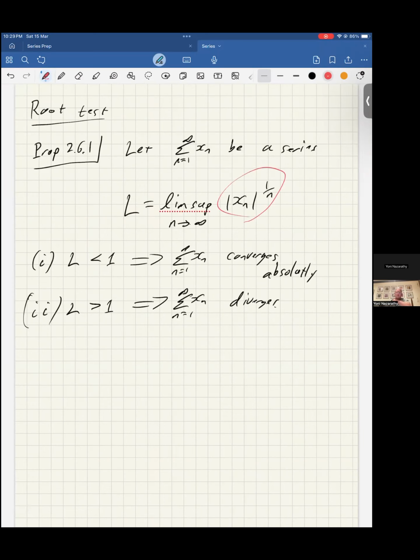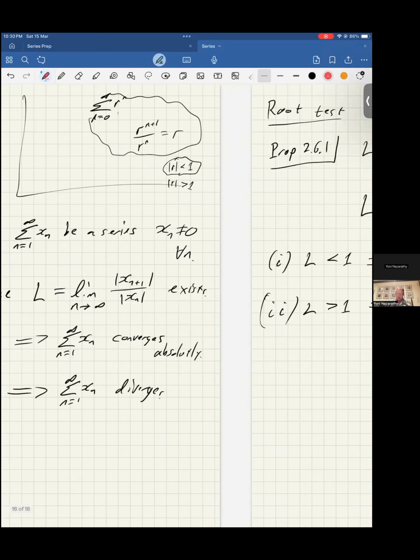The root test looks at the nth root of the absolute value of that term, and specifically the lim sup of that. Again, if the limit exists, the limit is enough. If this thing is less than 1, you've shown convergence. If it's greater than 1, you've shown divergence.